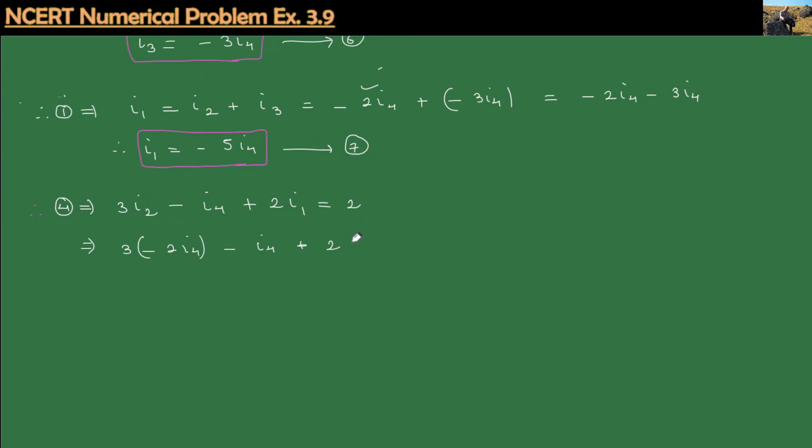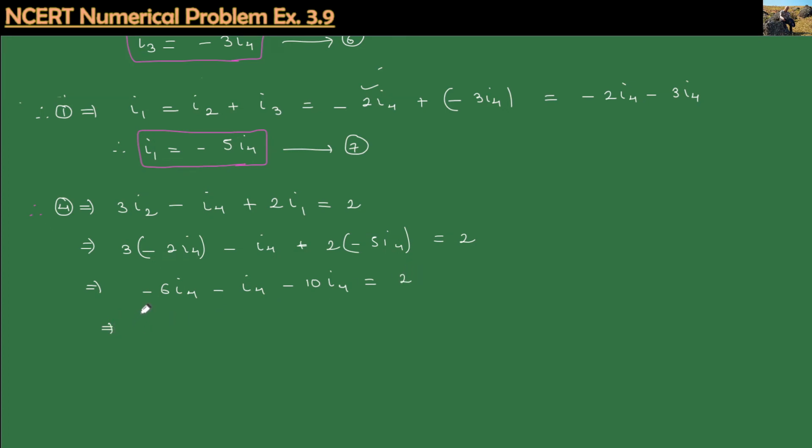From equation 7 we have minus 5i4, and this will be equal to 2. If you solve this, you get minus 6i4 minus i4 minus 10i4, and this will be equal to 2.